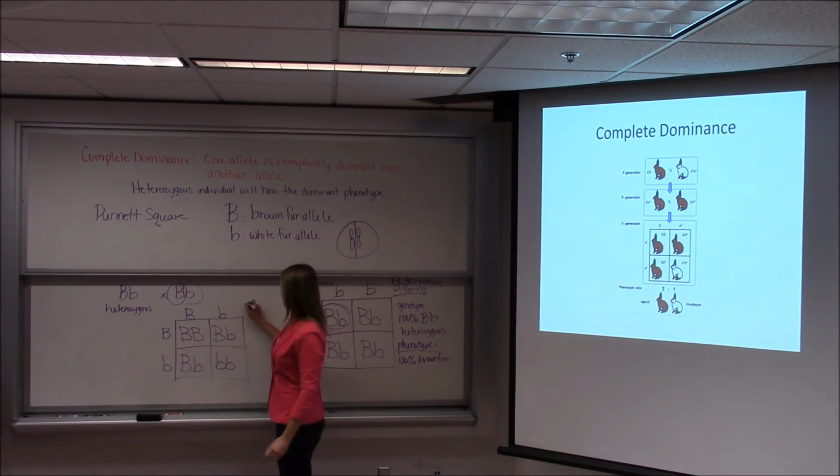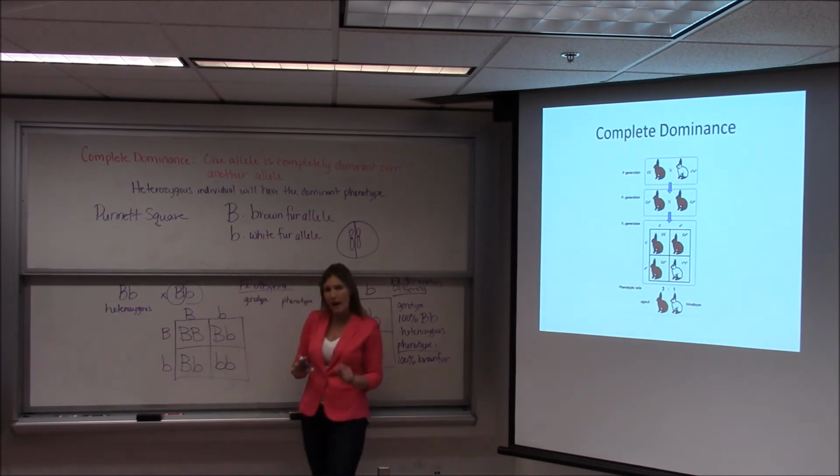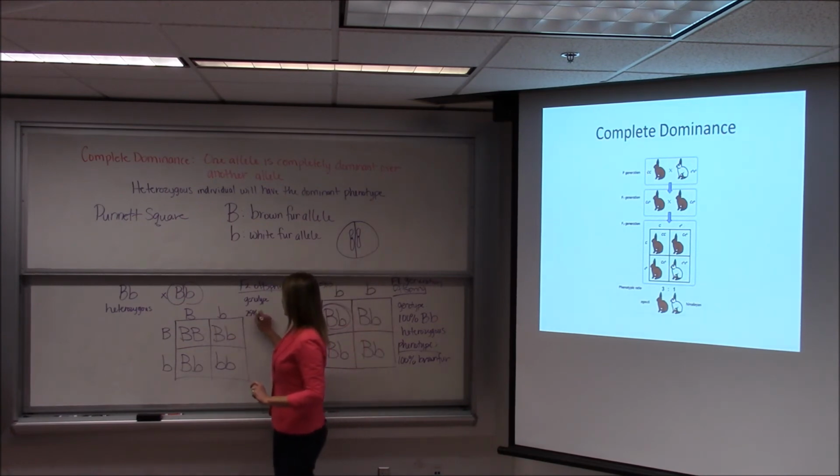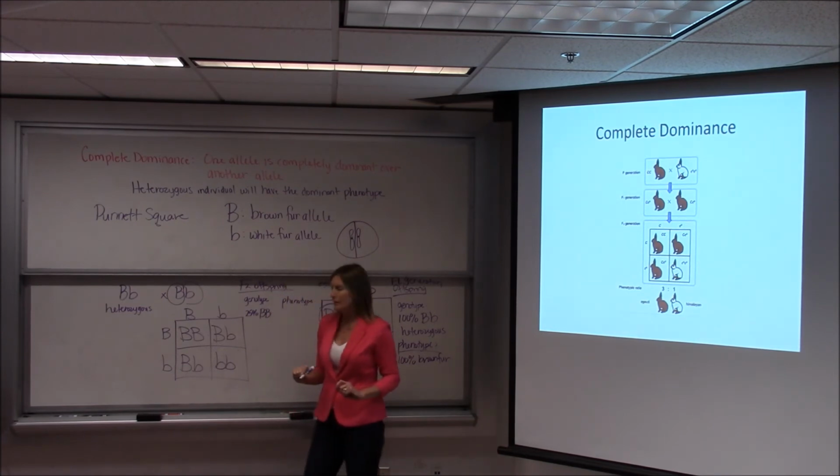We're going to have, for our genotype, I'll make a little chart, genotype and phenotype. These are our F2 offspring. This is the second generation. This is taking the offspring and crossing them. 25% homozygous dominant. What is their phenotype?